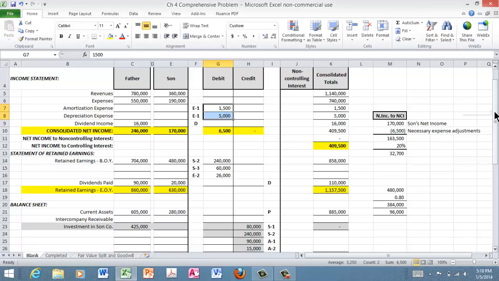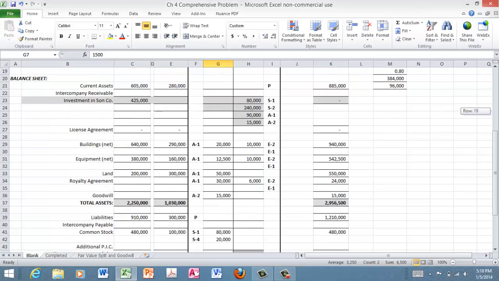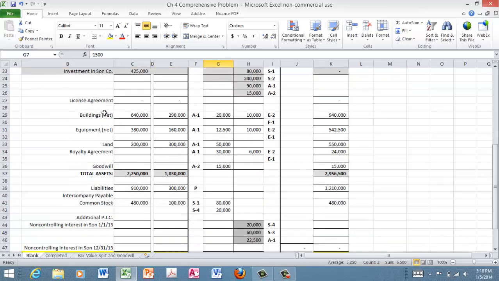So I've got that right there. And then also, obviously, they will go as a credit because I'm showing buildings, equipment, and my royalty agreement net, meaning the cost minus accumulated depreciation. So I'll need to drop in the 2,500 here, drop in the 2,500 for the equipment and the building, and then drop in the $1,500 on the royalty.